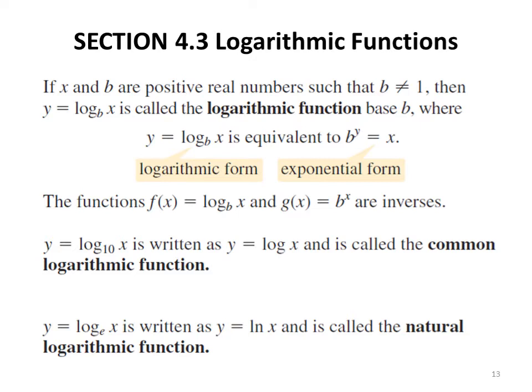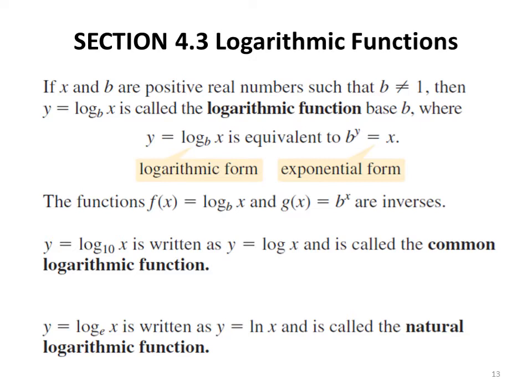You can think of y equals log x to the base b as the logarithmic form, and b to the y equals x as the exponential form. Those two functions are inverses of each other. This log function is defined for any base b greater than 0 with b not equal to 1.